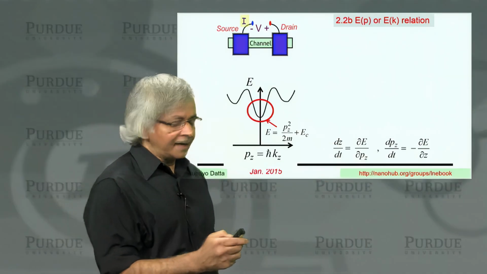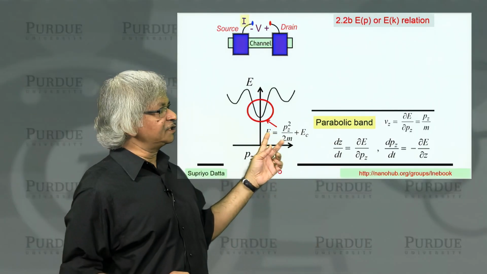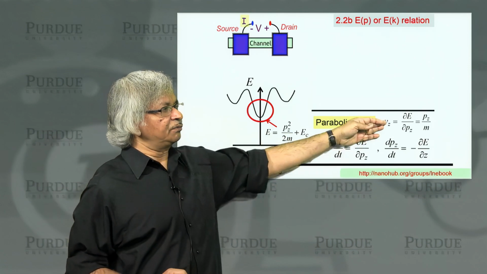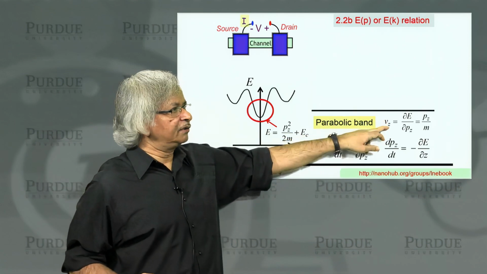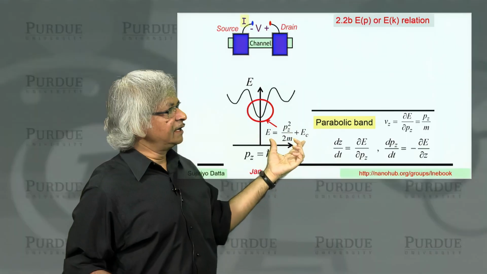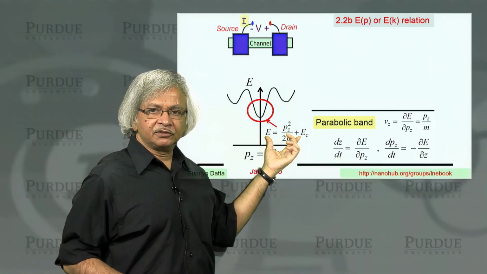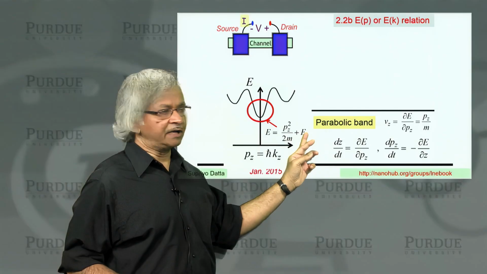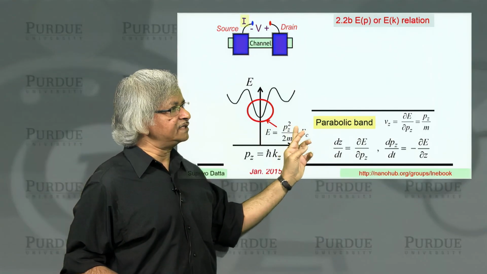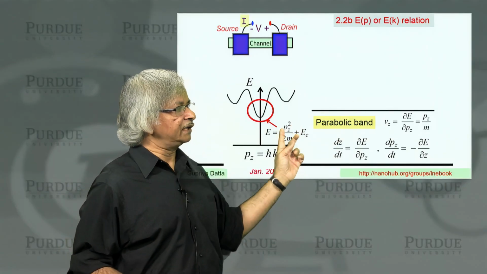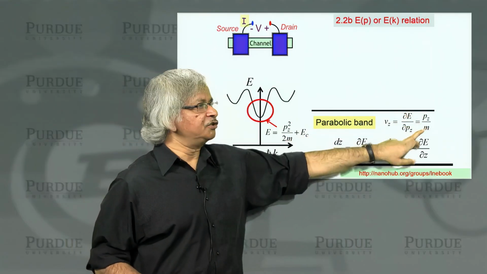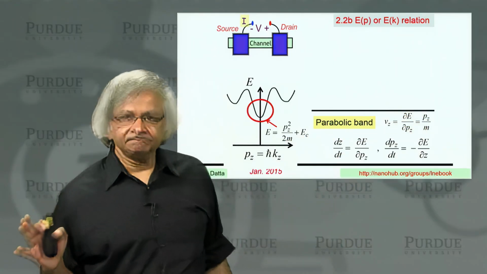Now, if you had a parabolic band, where energy is proportional to pz squared, then this gives you what you're familiar with. Why? Because when I take the derivative of E with respect to pz, of course, this is a constant, so that drops out, and I take the derivative of pz squared, I get 2pz, and the 2 cancels out, so you get pz over m. And that's your usual result, p equals mv.